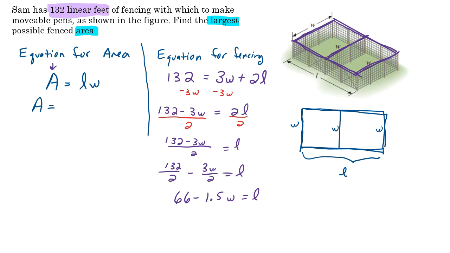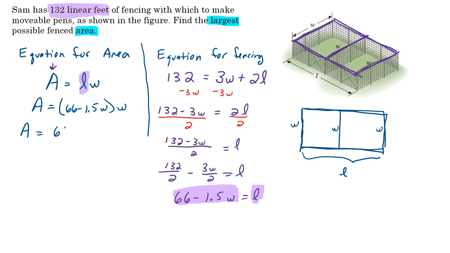So now what we can do is take this 66 minus 1.5W, which is length, and plug it in here for the length. So my area is my length, which is 66 minus 1.5W, times W. Now we just have 2 variables over here, width and area.